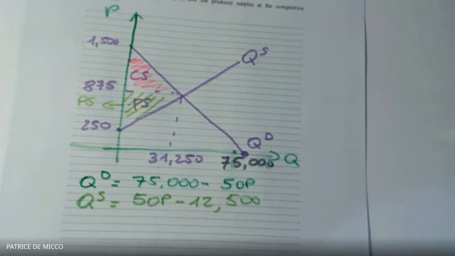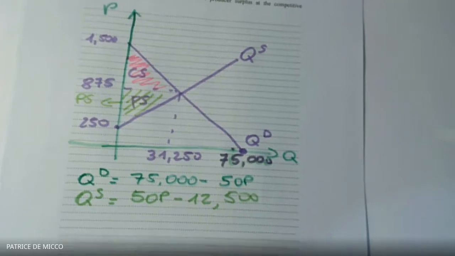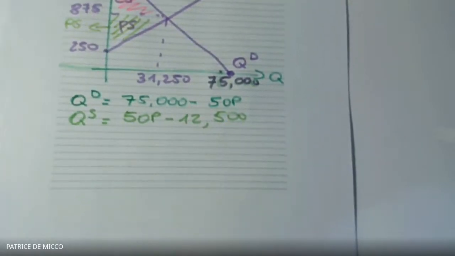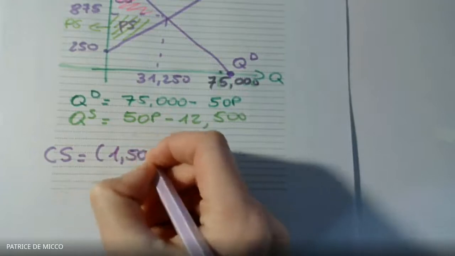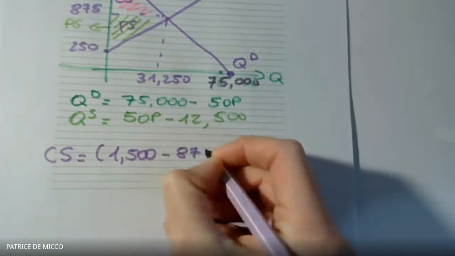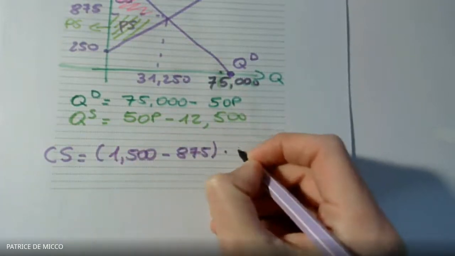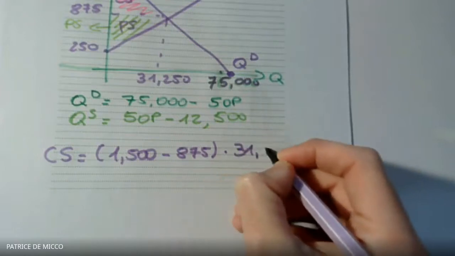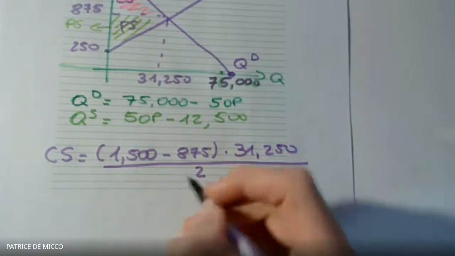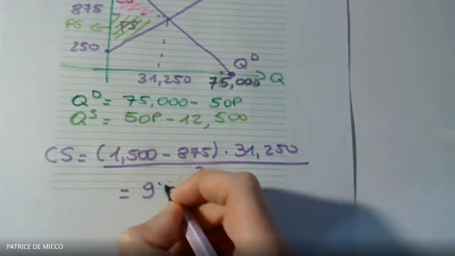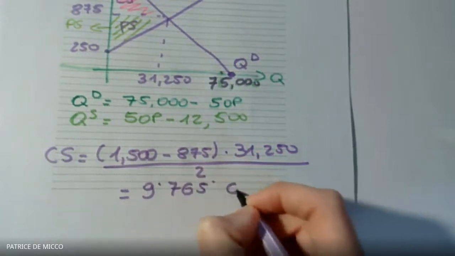Now it's easy because we just need to compute the areas. So it's just a matter of computing the area of two triangles. So let's start with consumer surplus. For consumer surplus, we have 1,500 minus 875 times the quantity, 31,250 divided by 2. And you get a huge number. Let me write it.